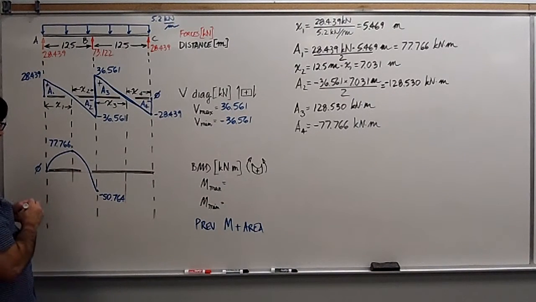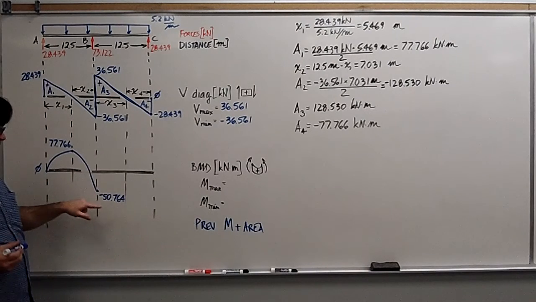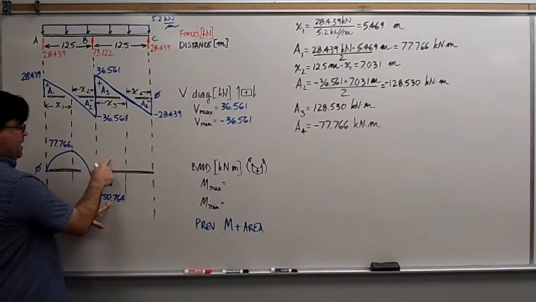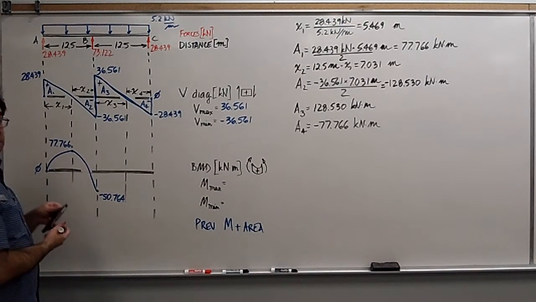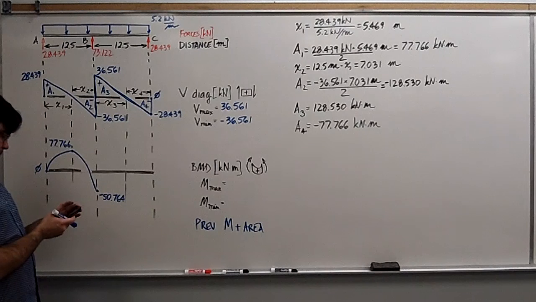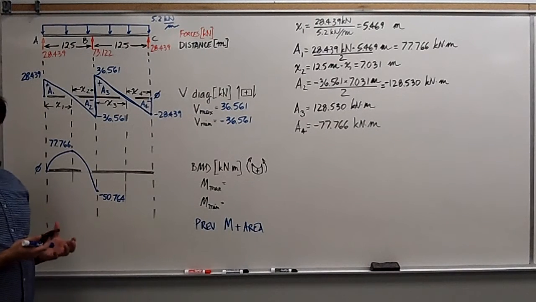Okay. Now that I'm here, how do I get to this point? Previous moment plus area. So minus 50.74 plus area 3. 77.766, which is what we're expecting, right?